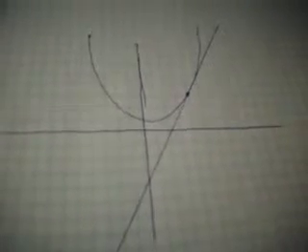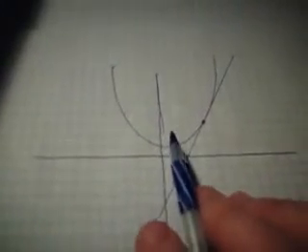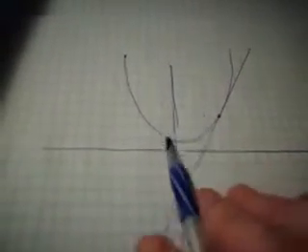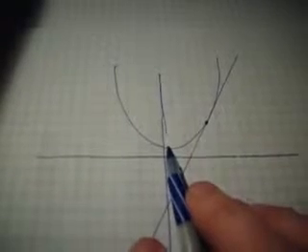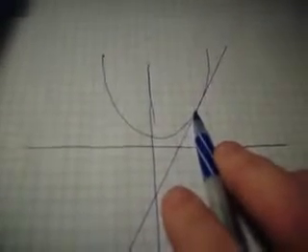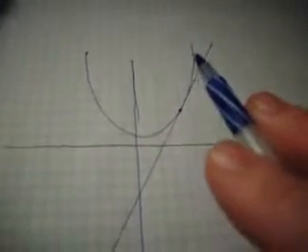Anyway, to find a coordinate on a curve or a line or both, you would go a certain number of steps horizontally and then a certain number of steps vertically. And those are your coordinate points. And I talked about abscissa and ordinate. If you don't know what I'm talking about, you need to go back a few videos and look up abscissa and ordinate, because I talked about both.